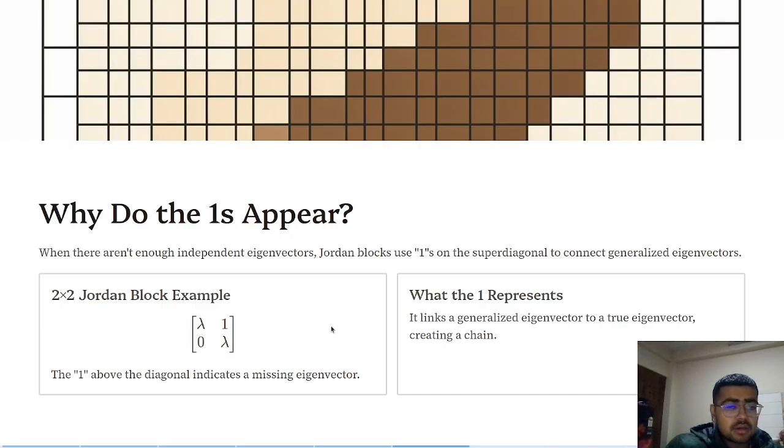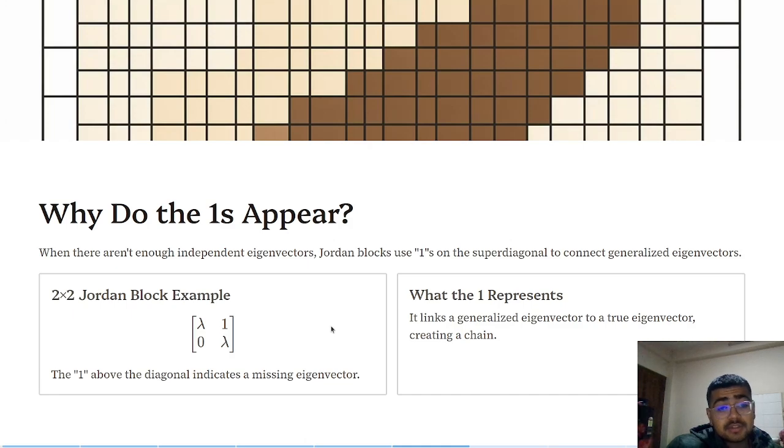It occurs if there are dependent eigenvectors. When you calculate eigenvalues, you may get repeated eigenvalues, right? And if the repeated eigenvalues point towards the same eigenvector, we will get a dependent eigenvector.